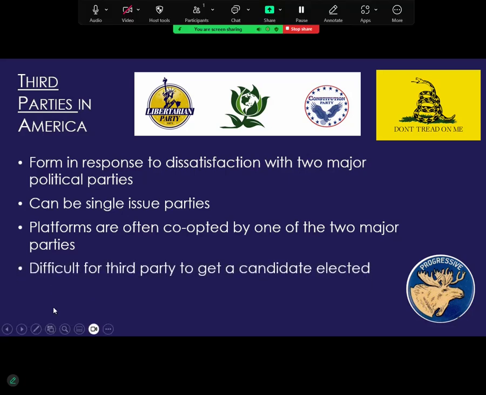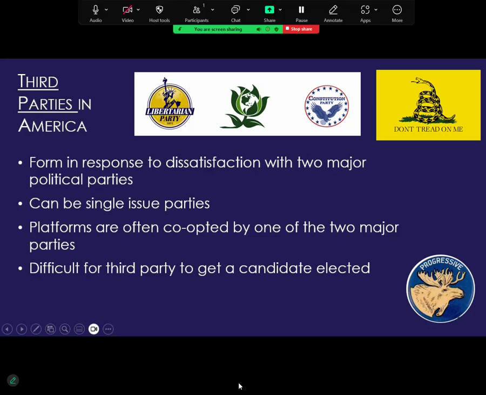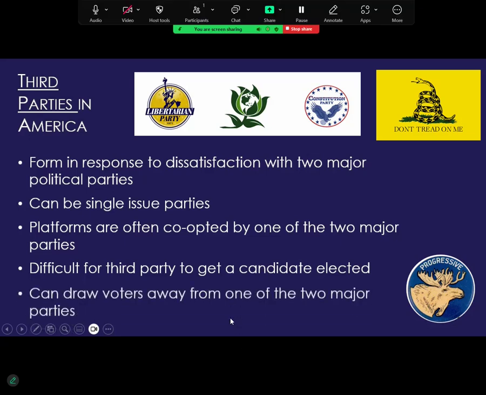It is difficult for a candidate to be elected from a third party because voters who might support the third party candidate won't vote for him or her because they don't believe he or she will build enough support to defeat the other two candidates. So it is very rare to see a third party candidate actually succeed in an election. And sadly, sometimes third parties will do themselves more harm than good.